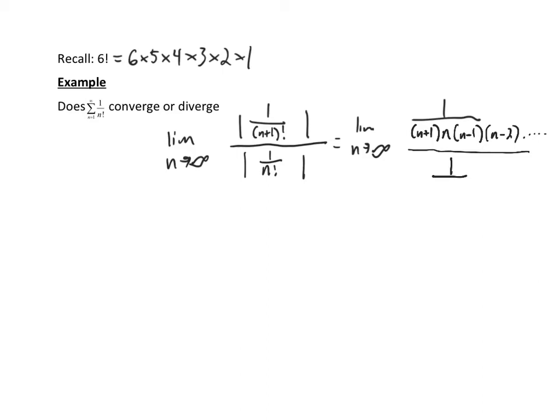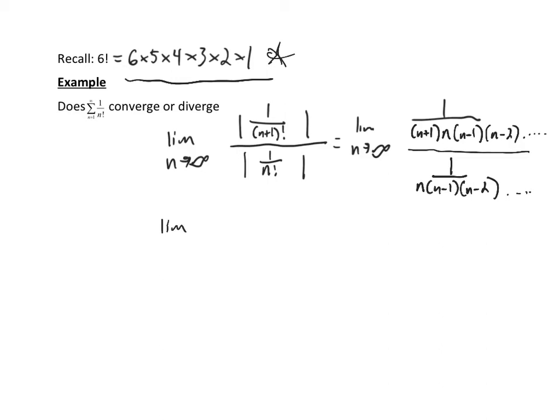N factorial is telling us to do n times n minus 1 times n minus 2, and so on. If you called 6 factorial, you would do 6 times 5 times 4, and so on. I'm recognizing that pattern. That's how I came up with these terms on the top and bottom.